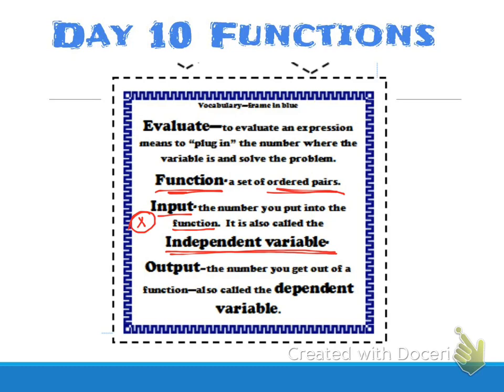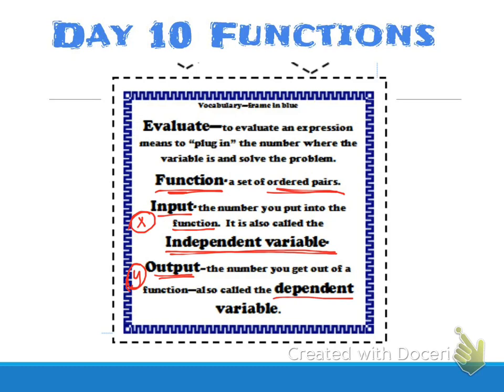So the input is generally an x, and we'll talk more about what that means in just a second. And it's an independent variable. So the output is in the form of a y. So usually when we do these, we have a chart that's x, y. Okay, and so the y is the output. It's the number that you get when you put in the independent variable or the x.